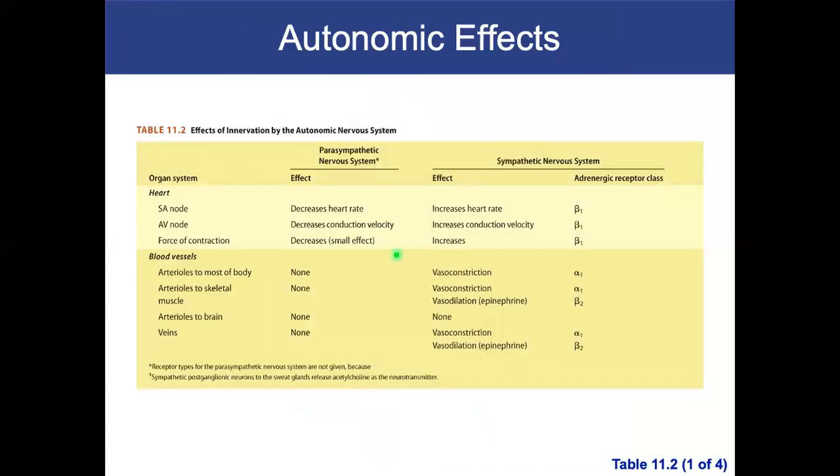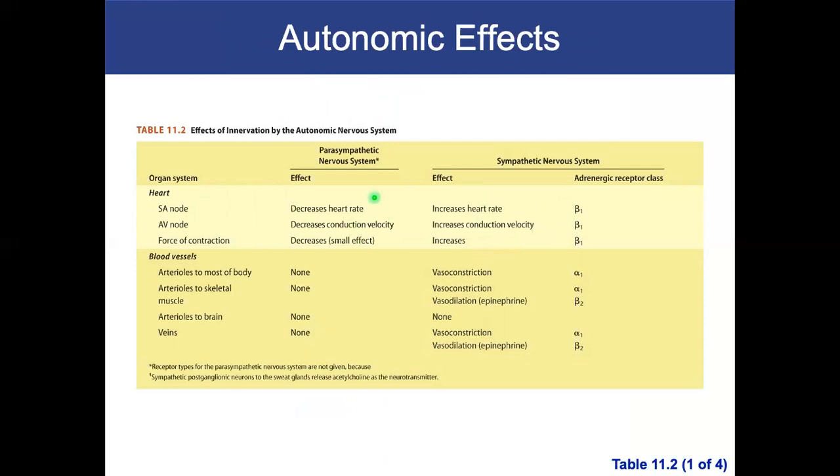Here's a comparison of these. So heart, sinoatrial node, atrioventricular node, and force of contraction. When the sympathetic nervous system is triggered, it's going to increase heart rate, conduction velocity, and force of contraction via beta 1 adrenergic receptors.